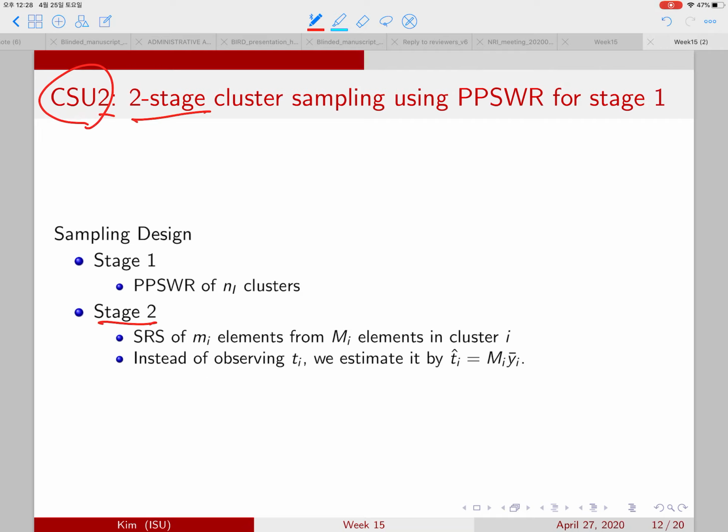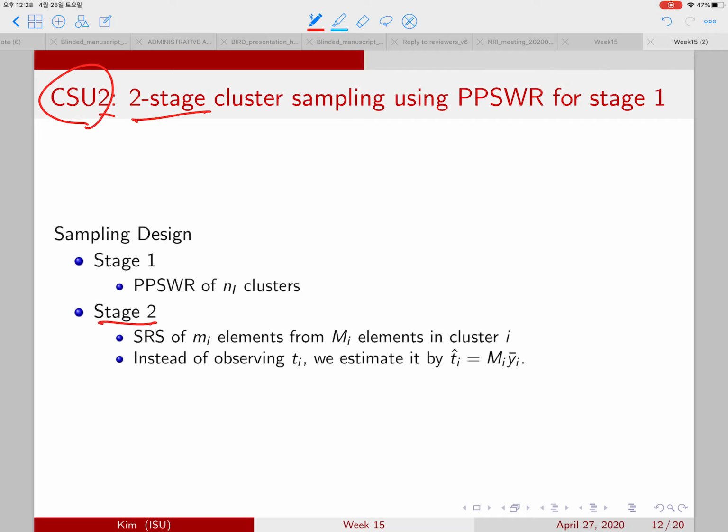We can compute its estimator. So this is the sample mean of Y in cluster i. Okay. For point estimation, we use the same formula for PPS sampling using t hat.